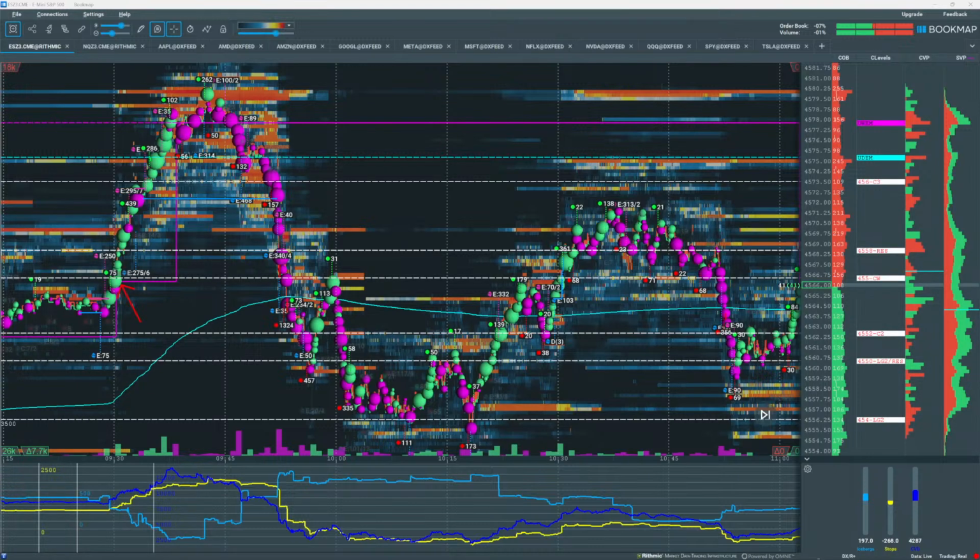Note the liquidity here. The heat map in Bookmap is showing a history of the limit orders, showing limit sell orders up at that level. And then you can clearly see the shift in volume dots. Aggressive sellers start to come in.